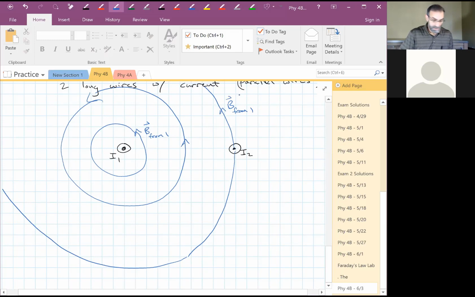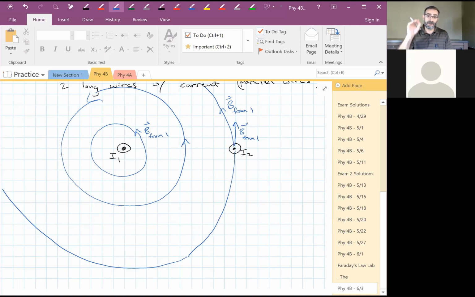Okay, so standing on wire 2, what does the magnetic field look like? Straight up. Right, we draw it as a circle, but really, if you're standing on that circle, it points tangent to the circle, right? The circle just gives us a direction.